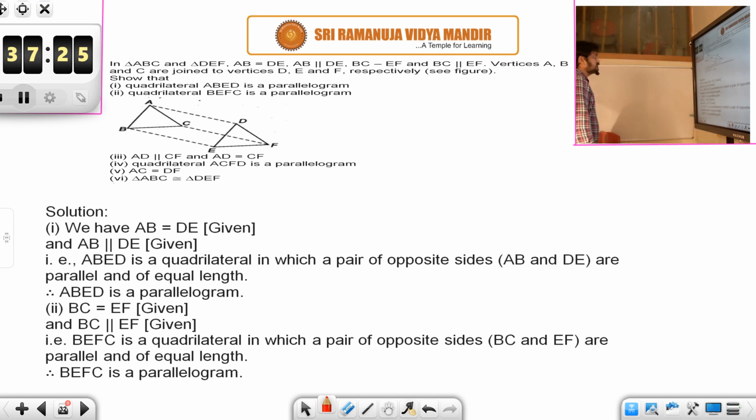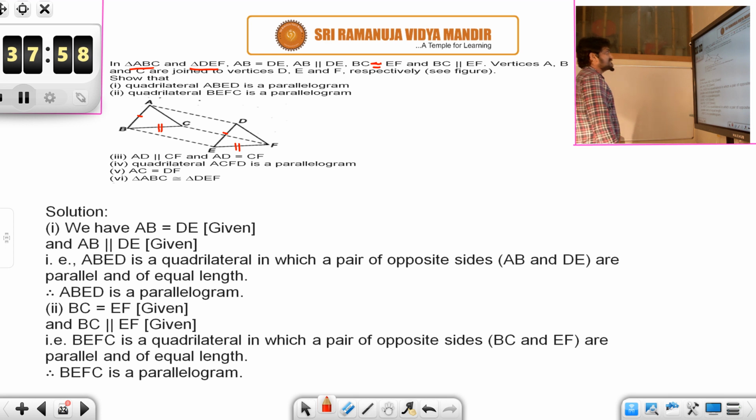So, let's look at another question before we wind up today's discussion. Again, this is a very nice question. Given in triangle ABC and triangle DEF, AB is equal to DE and AB is parallel to DE. Also given that BC is equal to EF and BC is parallel to EF.